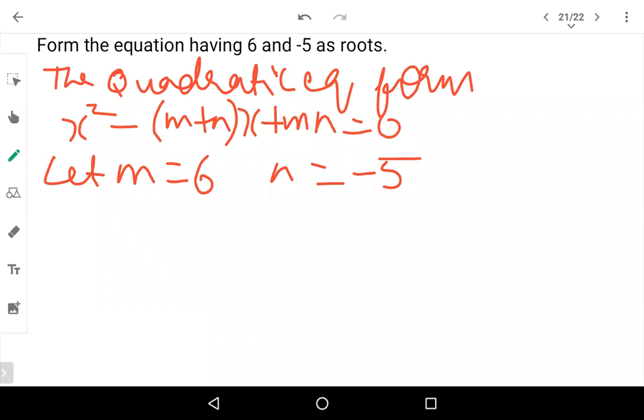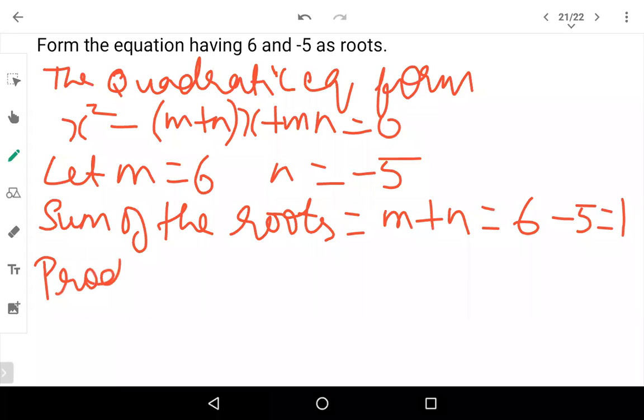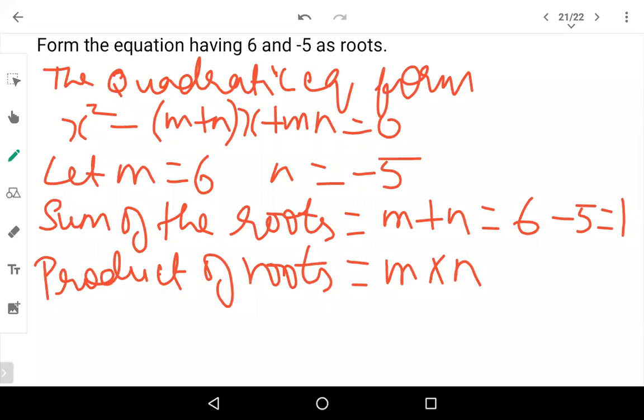So sum of the roots, m plus n, 6 minus 5 will be 1. Product of roots, m into n, 6 into minus 5, 6 5s are 30, but minus 30.